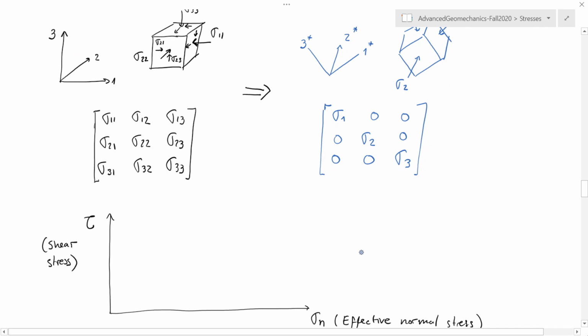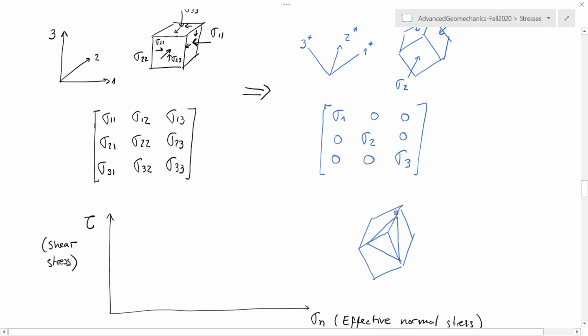So if I take the cube that I had on top with the principal stresses, then I could slice it with a plane that, for example, cuts through here.